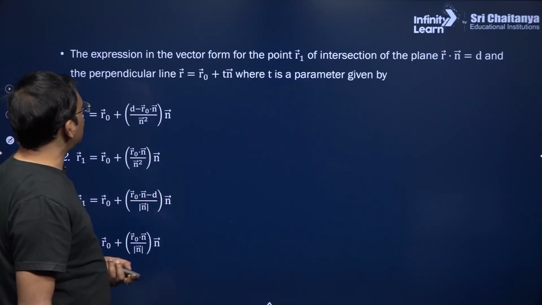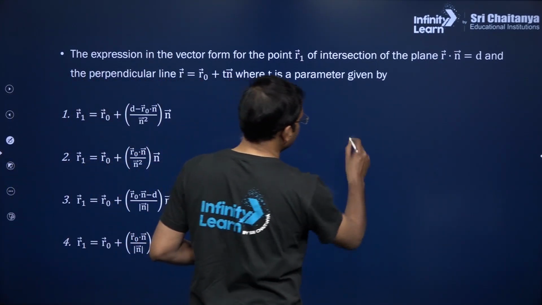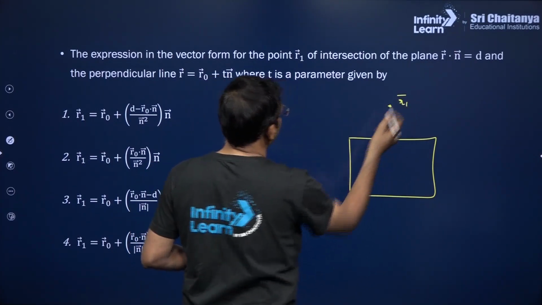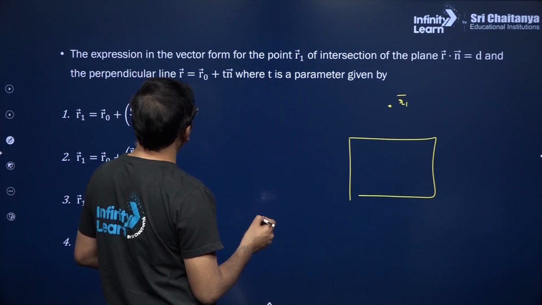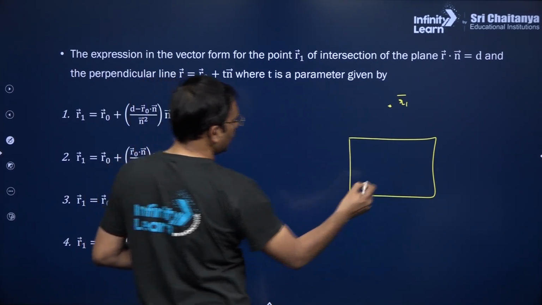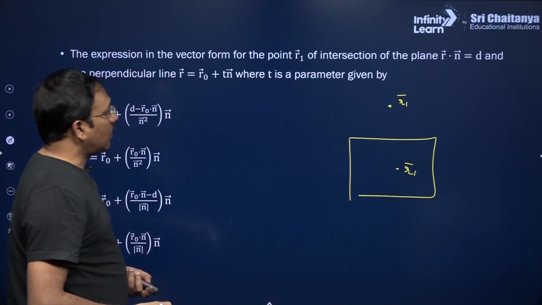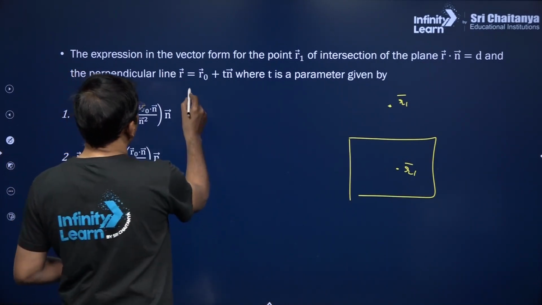You see the expression in the vector form for the point r1 bar of intersection of the plane. The point is r1 bar, which is of intersection of this plane and the perpendicular line.